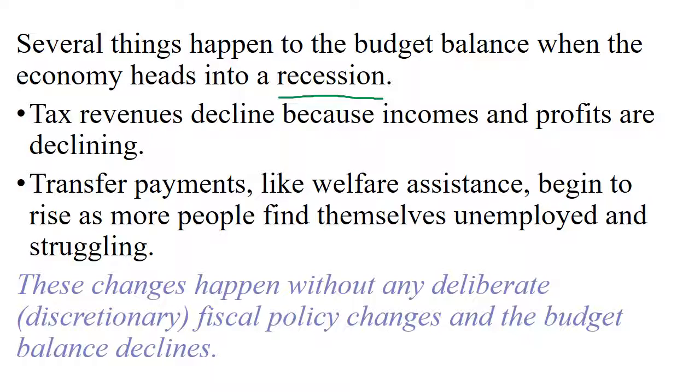The benefits are staying the same. But if more people are qualifying for those benefits because of where their conditions are, that's going to lead to an increase in transfers that are also non-discretionary. The benefit didn't change, there's just more people receiving it. That's why both of these things are considered automatic stabilizers as opposed to some intentional fiscal policy.